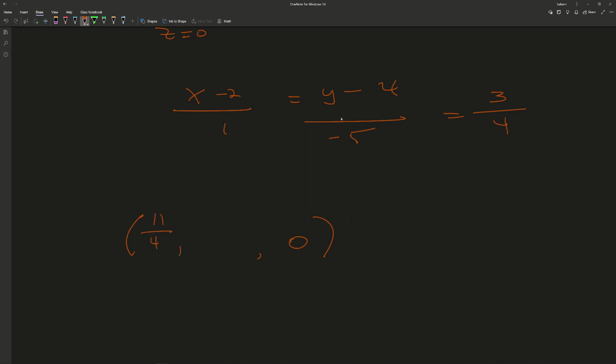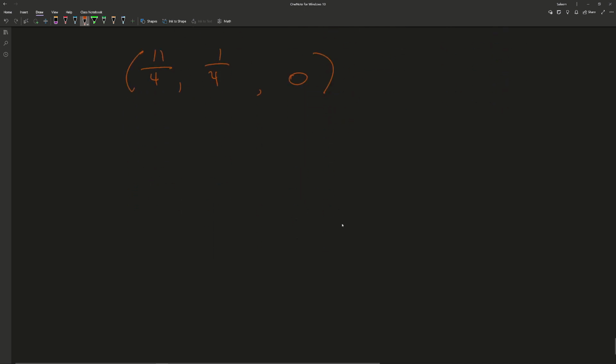Put 11 on 4 back inside here and solve for y, and we get 1/4. So this is the point here that the line intersects the xy plane. So this is how we would do a question like this.